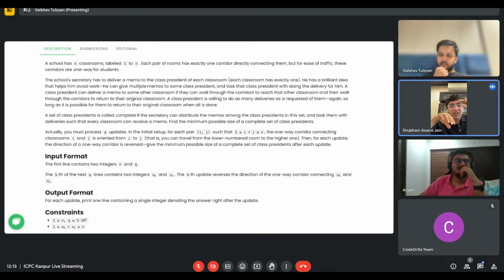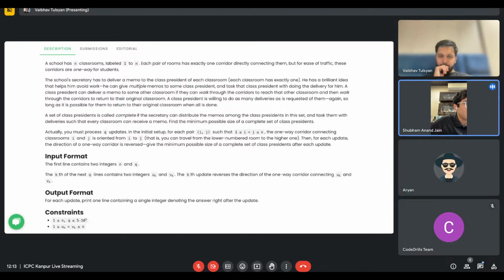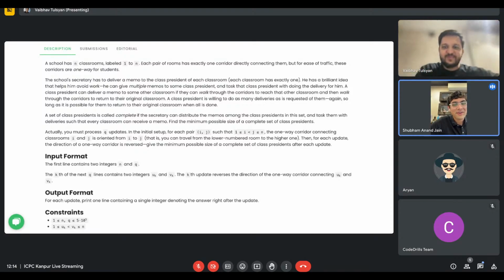In that situation, a secretary from the first group cannot go to a classroom in the second group and come back. So there are some cases in which all the edges are in a single direction. This feels like, I don't remember what it's called anymore, I'm so old in CP, but is it a tournament graph? Let's read the rest of the problem first.